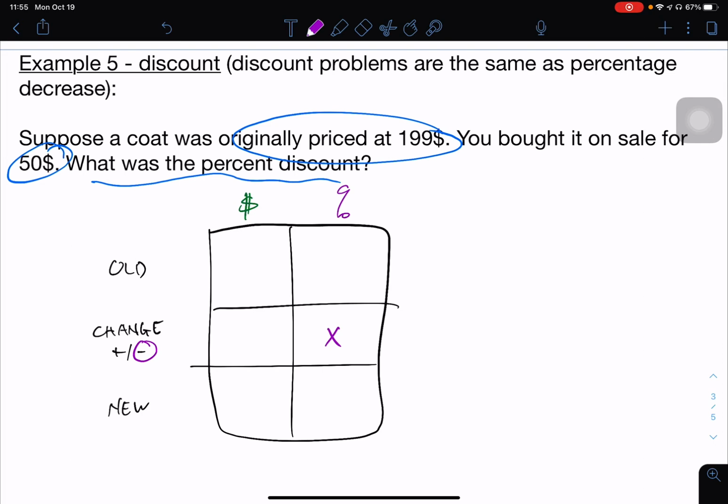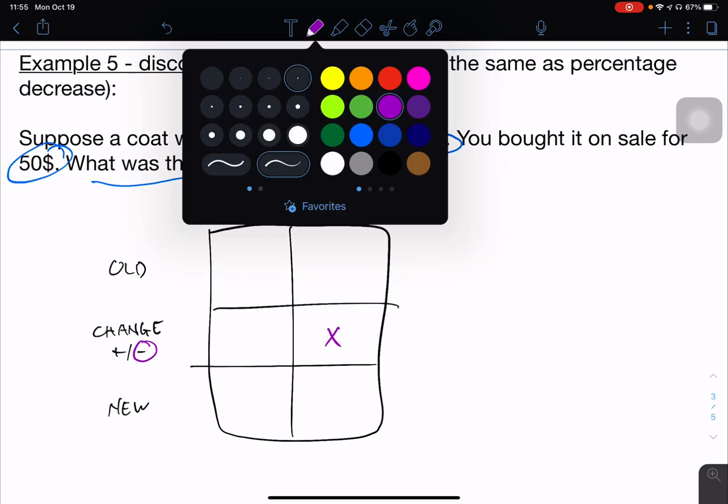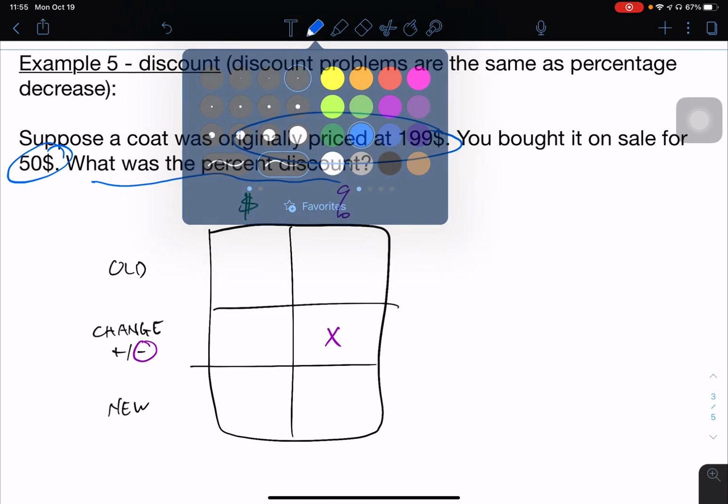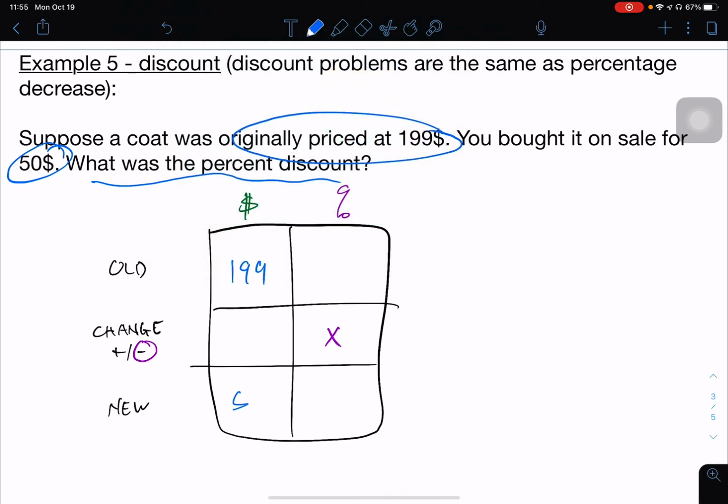What about the rest of the stuff? Well, if it was originally priced at $199 and you bought it for $50, what was the dollar change? Remember, this is a big addition or subtraction problem. Well, what's $199 minus 50? Well, you had a change of $149.